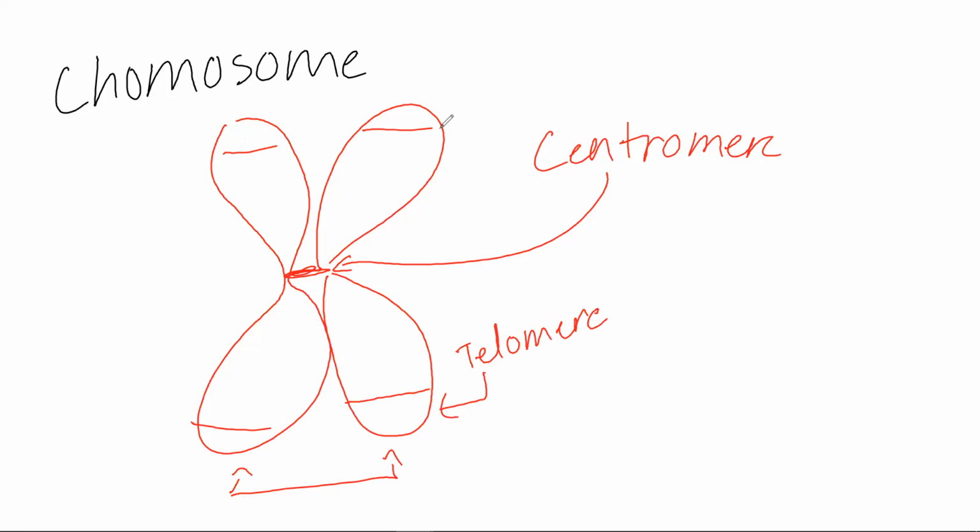So now that we know chromosomes, let's go back to prophase. In prophase, the chromosomes are clearly defined, and you can kind of tell that the cell is getting ready to do its mitosis phase because the nucleus is going to start dissolving, and you're just going to see chromosomes everywhere.